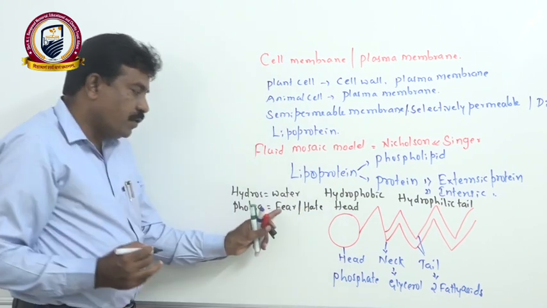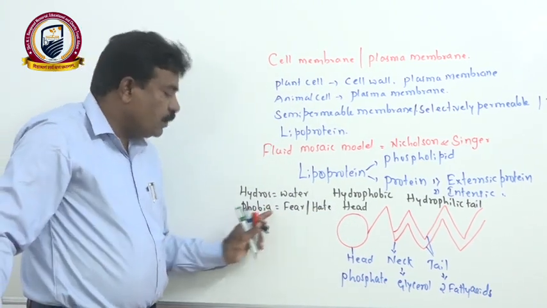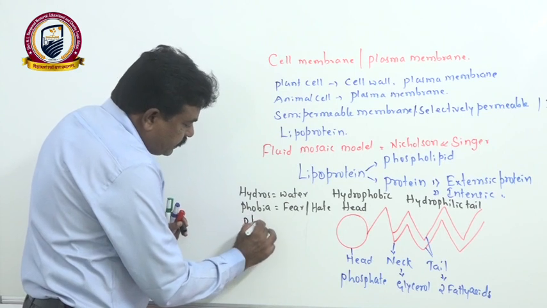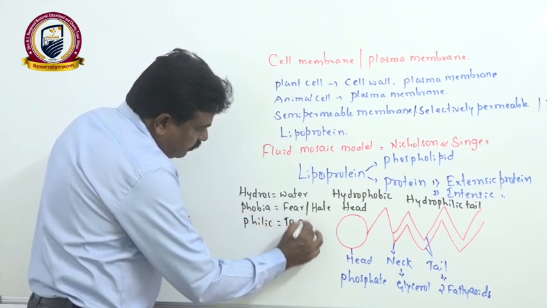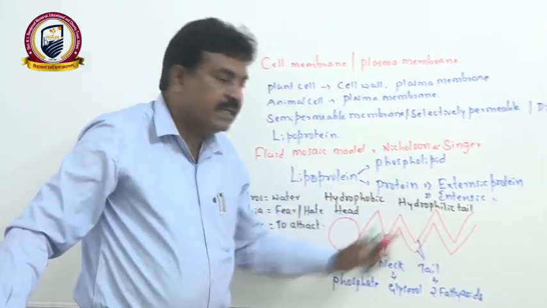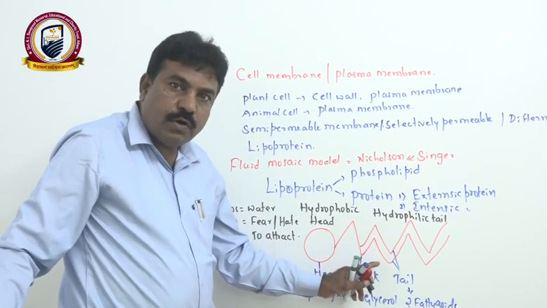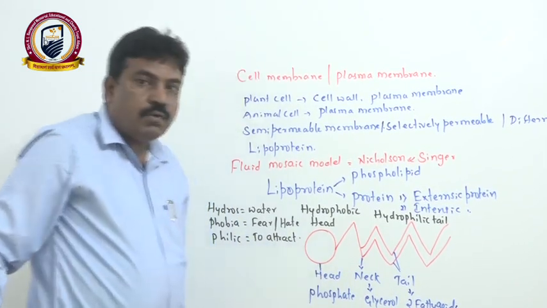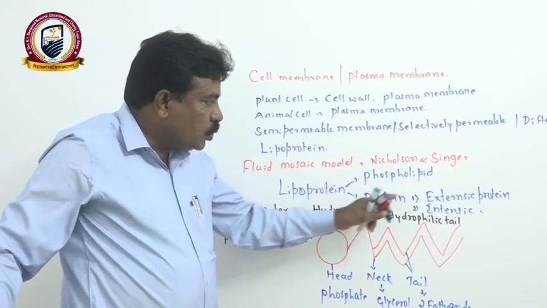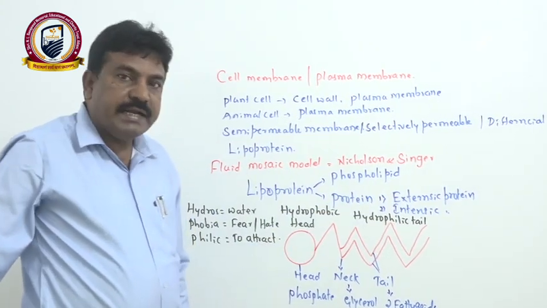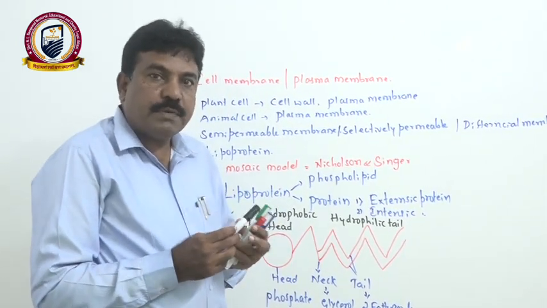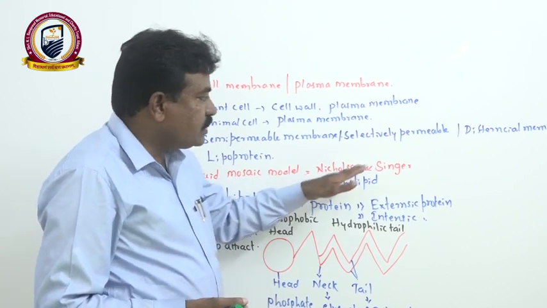That means it may not absorb water. Fear of water means it may not absorb water here. Then philic refers to attract or absorb. On that basis, the hydrophilic tail is there. That means the tail absorbs water, the head may not absorb water at all. Basically, these phospholipid molecules and two types of proteins, extrinsic and intrinsic proteins, are arranged in the lipid, in other words the plasma membrane, according to Nicholson and Singer.